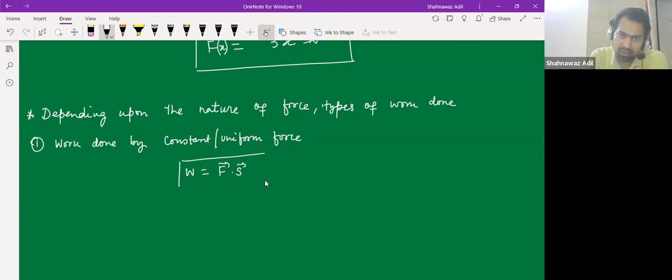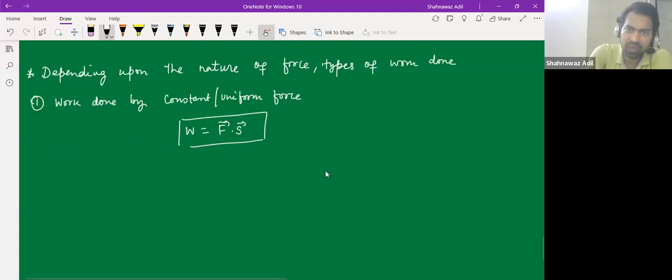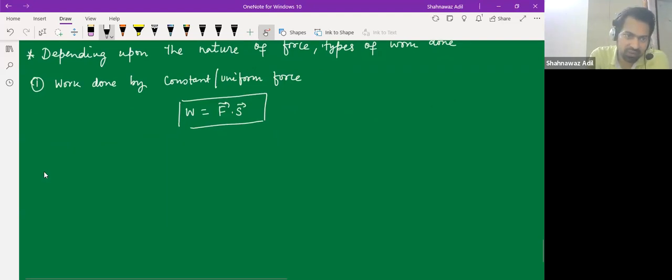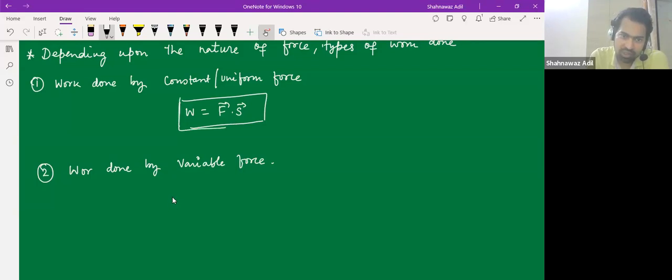But whenever we have a variable force, work done by variable force, this will change to an integral.